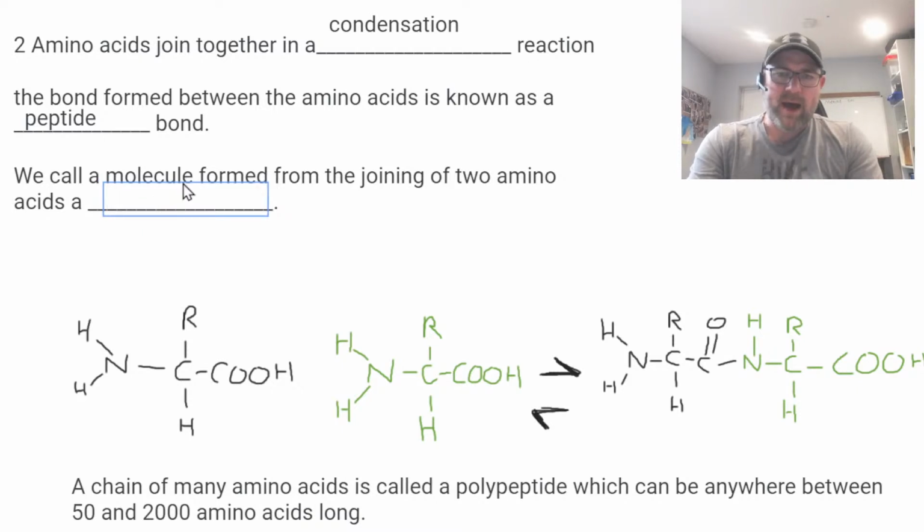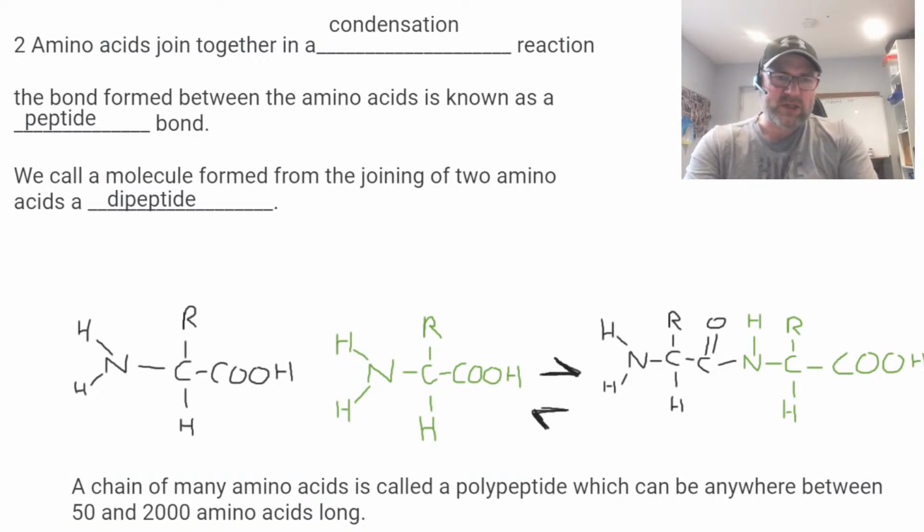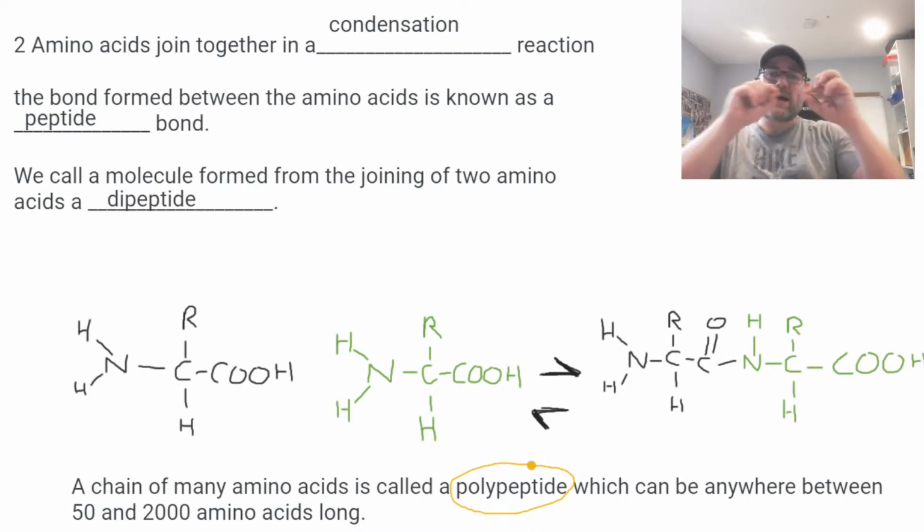Peptide bond, and the molecule formed from joining two amino acids is a dipeptide, but you were spot on there, Karam. There is such a thing as a polypeptide. A polypeptide is when you join a chain of amino acids. A protein could have 50 to 2,000 amino acids in the chain.